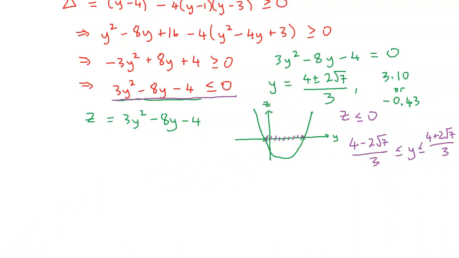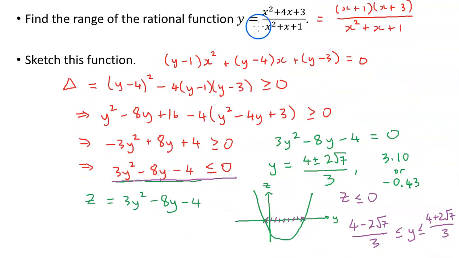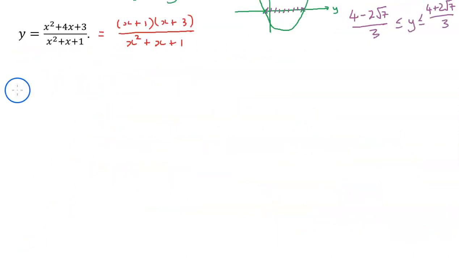So we can already see that when we sketch the graph of this thing, it's already going to be slightly different to the ones we've seen before, because we're only going to have y values between negative 0.43 and 3.10 approximately. Alright, let's get into working out everything else we need to sketch the function. So we can already see that there are no vertical asymptotes because x squared plus x plus 1 is never equal to 0.